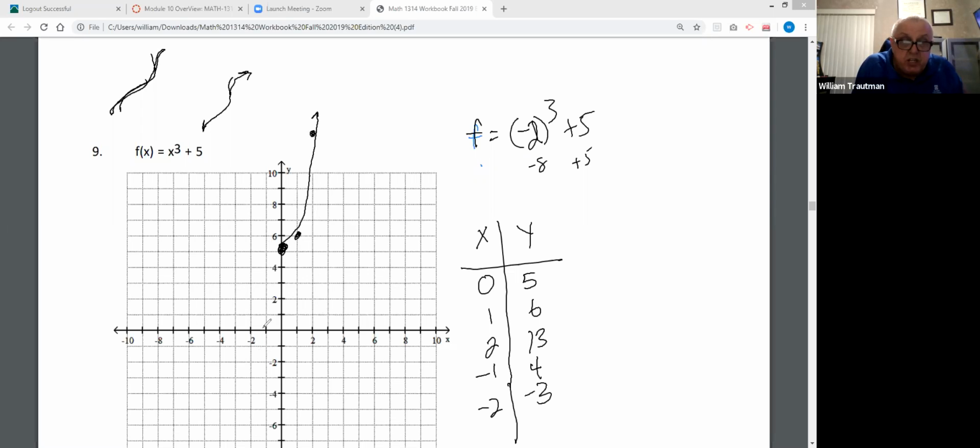Then I have negative 1, 4, and negative 2, negative 3. And then it curves down. That's what an x cubed graph looks like. This is our function.